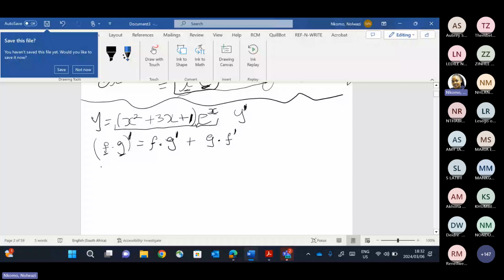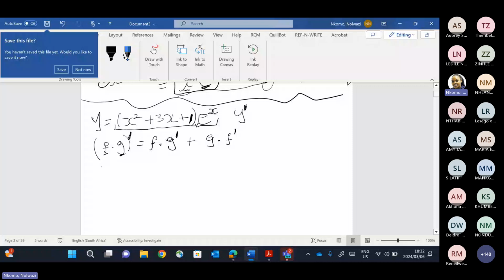Here we have this function times this function, right? Since this function is outside this bracket, it means we have a product of two functions. There is no sign here, we don't have a positive or negative sign.